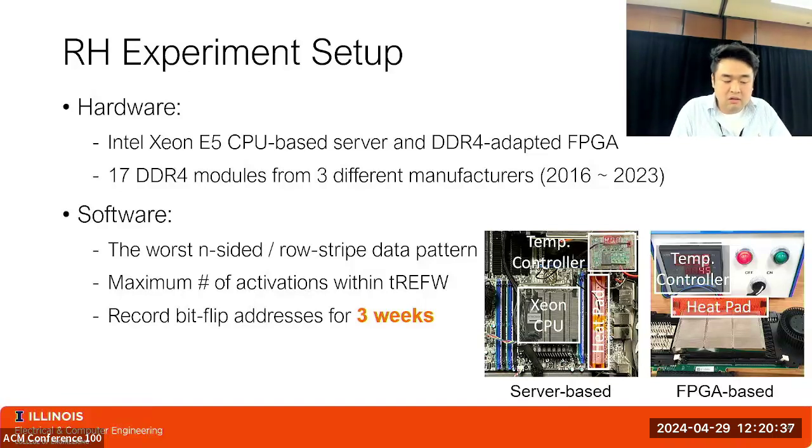We tested the characteristics of Rowhammer-induced bit-flip errors, employing many-sided Rowhammering with a low-stripe data pattern. The number of hammerings in a round is based on the maximum number of activations within a single refresh window, and after each round of Rowhammering, we checked every bit to record their row and column addresses for 3 weeks.